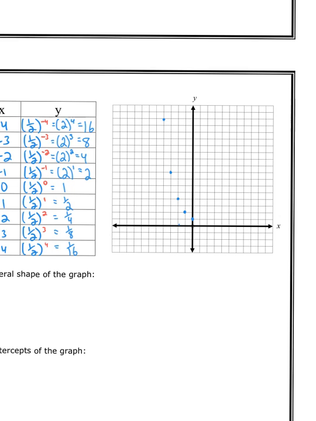And then 1, and I have a y value of 1/2, and then when x is 2, I have a y value of 1/4, and then I get a y value of 1/8, and then a y value of 1/16. So again, try not to cross the x-axis because that's our asymptote, so we get really close to it, but we're not going to cross it. And then we'll just draw our curve through the points, and then label the equation.